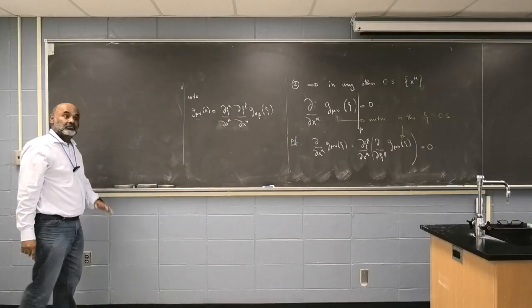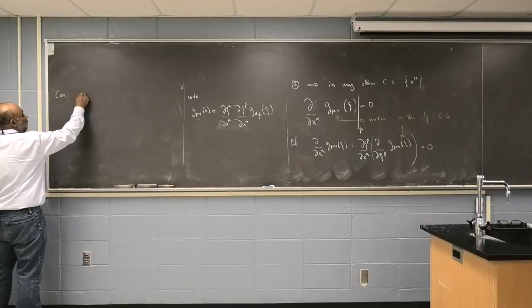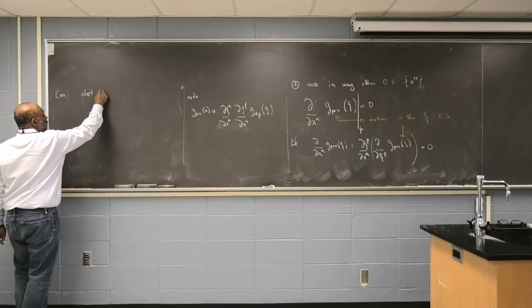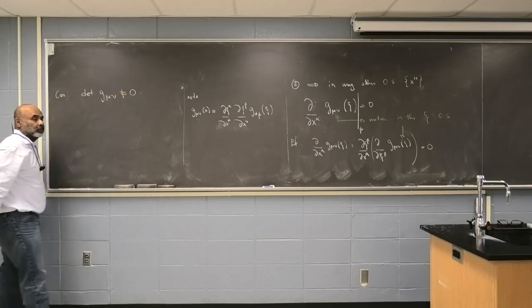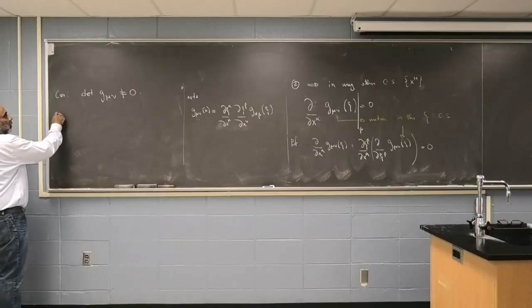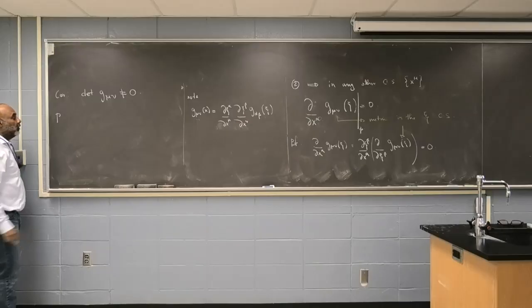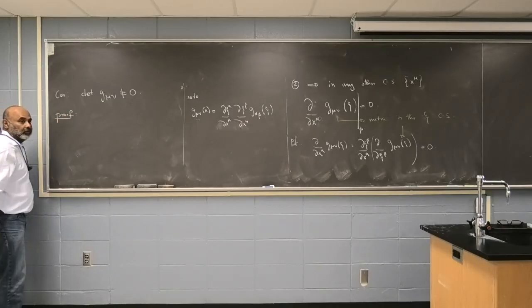That gives us an immediate result. The determinant of the metric, even in general relativity, is not 0.